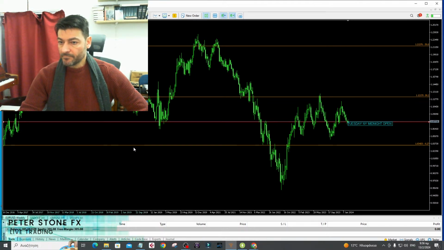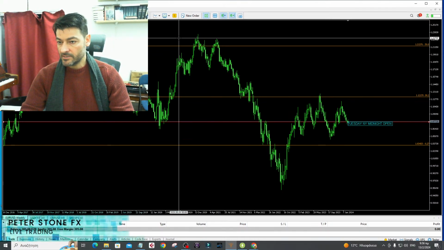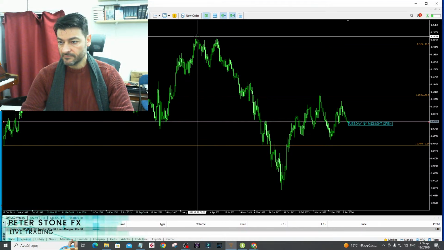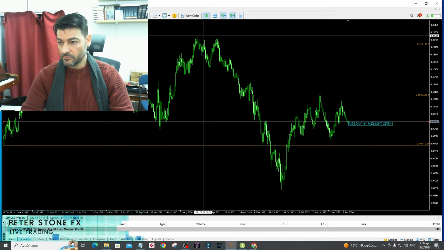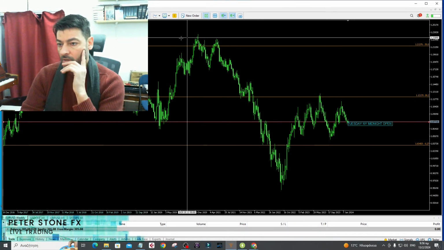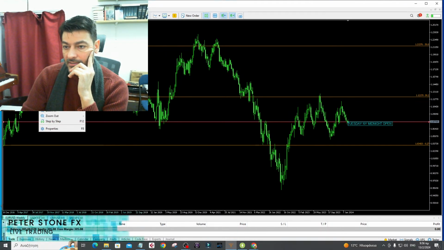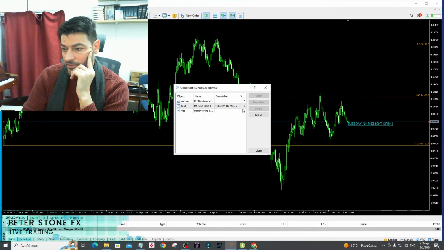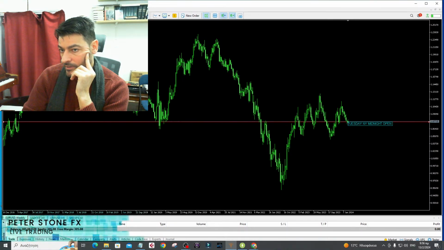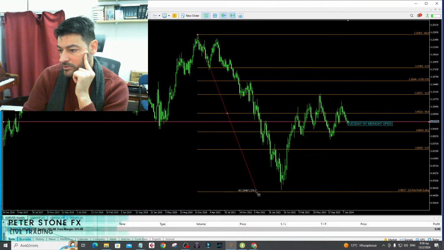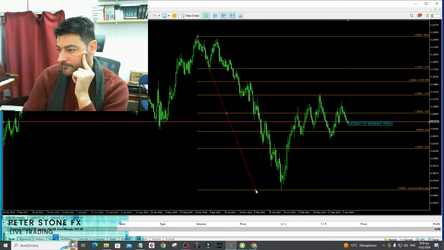In the weekly, this is the start of the optimal trade entry, exactly to the fair value gap, and this is a perfect 2022 model of ICT. So I'm going to delete the Fibonacci tool of the monthly, and I'm going to put another Fibonacci tool from this high to this low to see where we are.